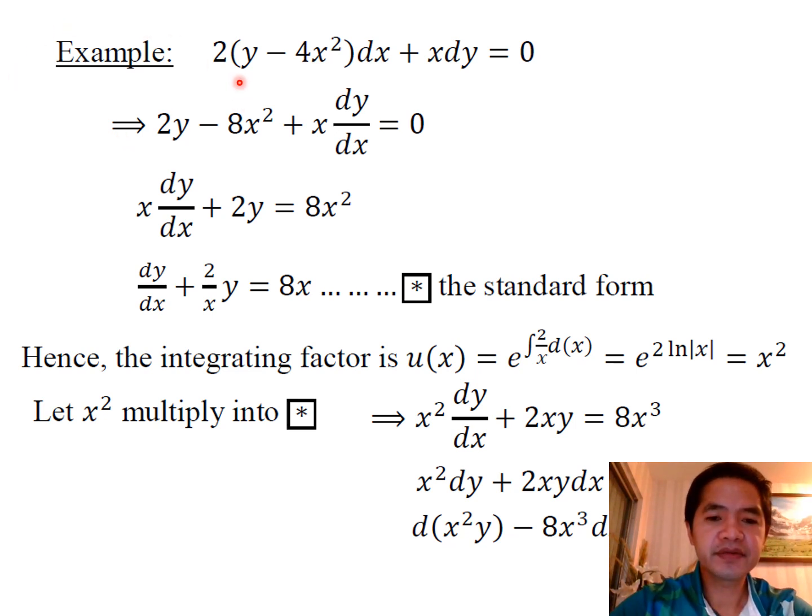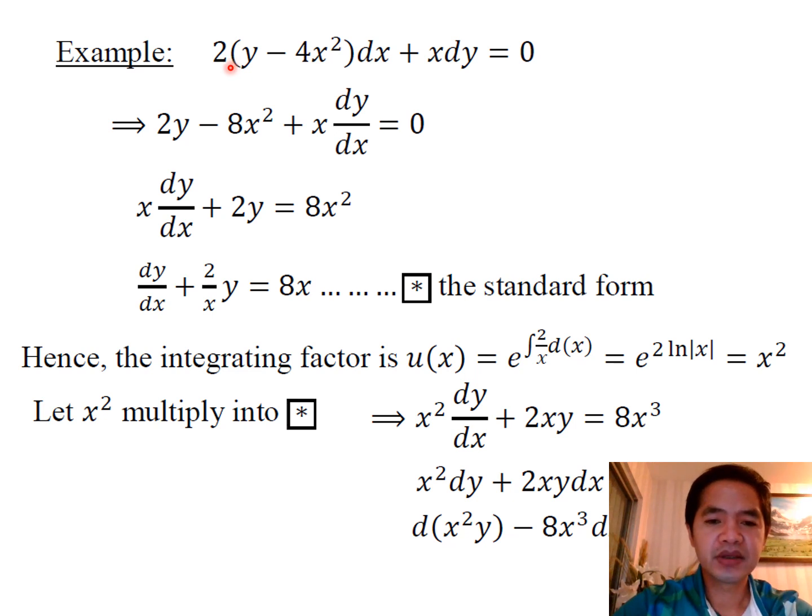Okay, here we have (2y minus 4x squared) dx plus x dy equal to 0. In this form, you can write it in any way, but if you want to use the linear equation method, you have to rearrange it into the linear equation form.